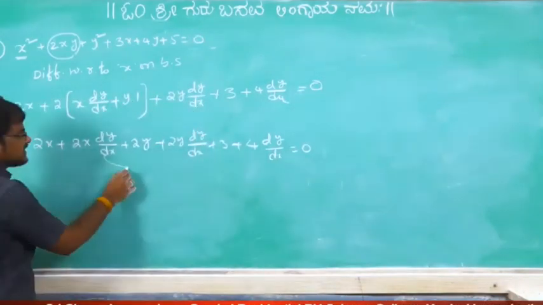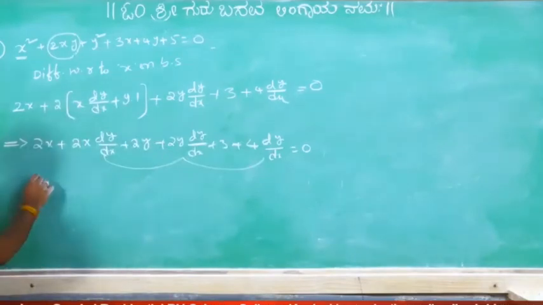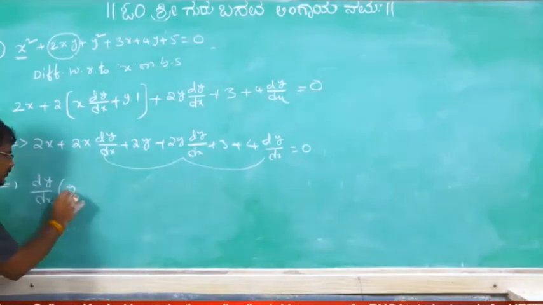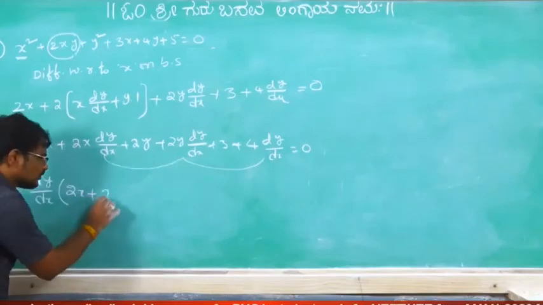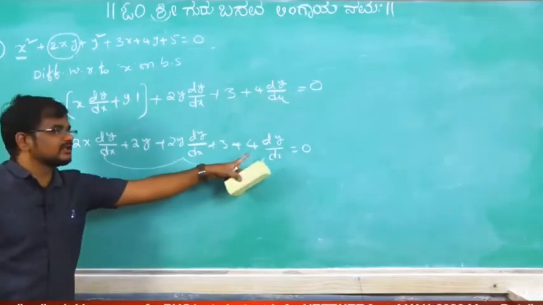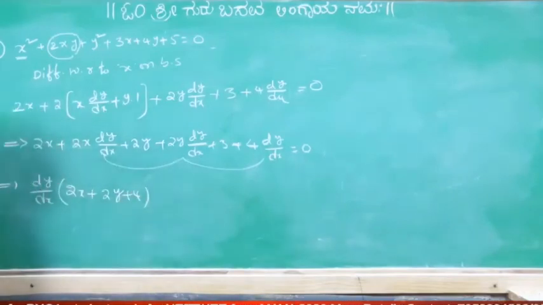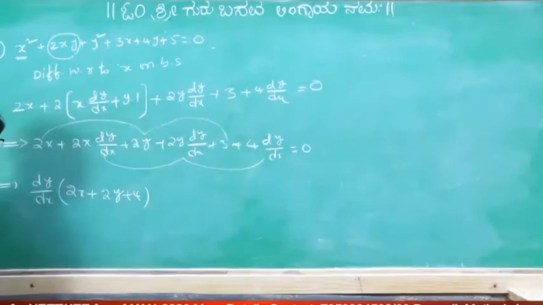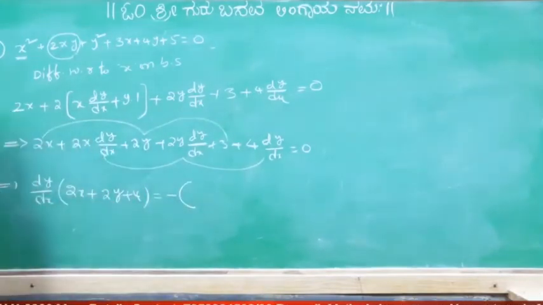So in these three terms we have to take what? dy by dx common. If you take dy by dx common, what is remaining in this one? 2x remaining, plus here what is remaining? 2y remaining, plus 4. And the remaining three terms, 1, 2 and 3, take to the right side, that is equal to minus of what?